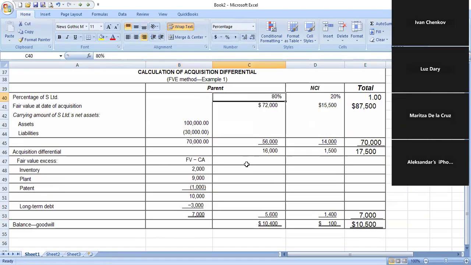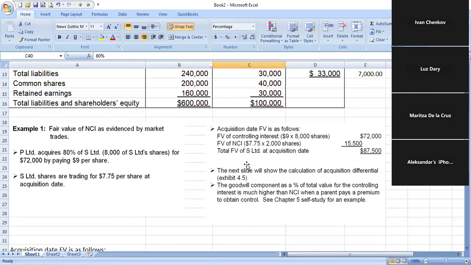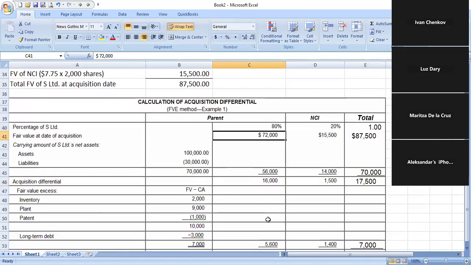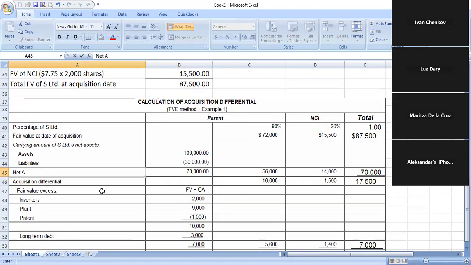Now, once we pay for the 80%, we're paying $72,000. Why are we paying $72,000? Because it's 80% of those assets. The total net assets are $70,000, but we own only 80% of those.